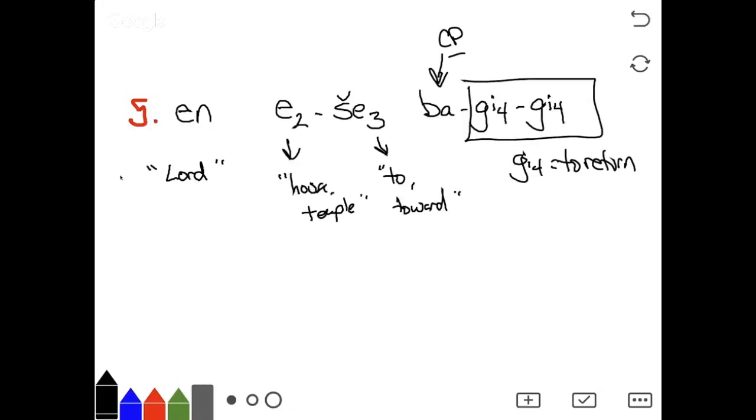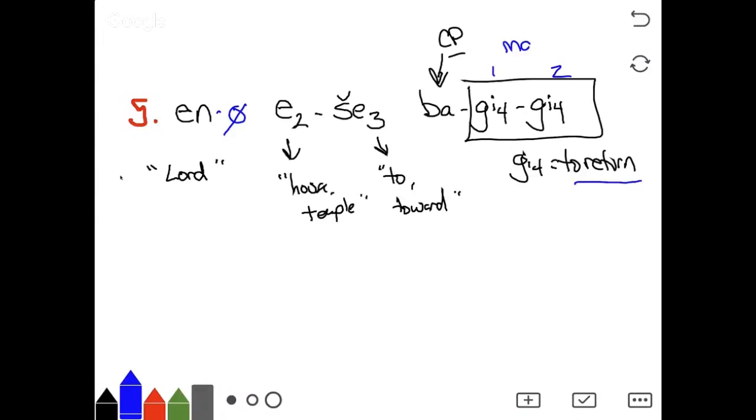So how would we translate this sentence? Well, we know that gi4 is intransitive. So we would expect a 0 mark here, right? On Lord. So the Lord is the subject of an intransitive verb. And the gi4 is not written once, it's written twice.